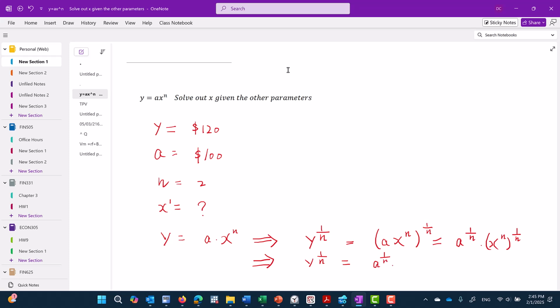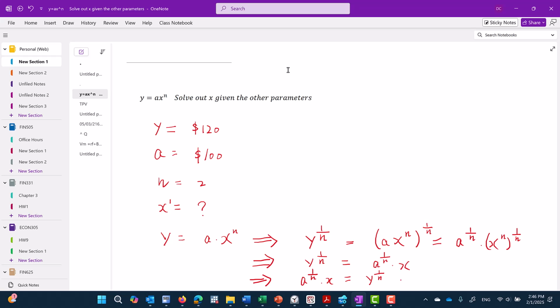and this becomes x. So now if we shift the sides of this equation, make this the left and make the y raised to the power of 1 over n the right, what we have here is a raised to the power of 1 over n times x equals y raised to the power of 1 over n.